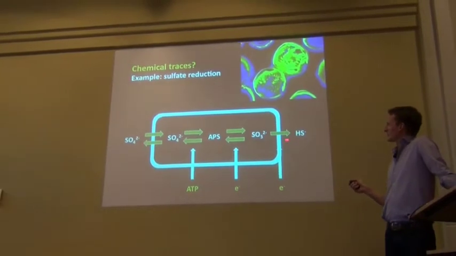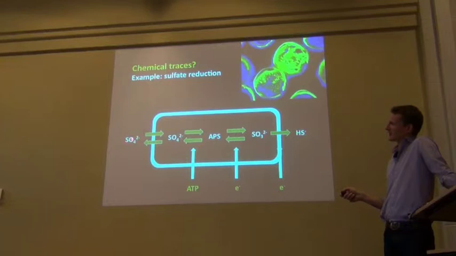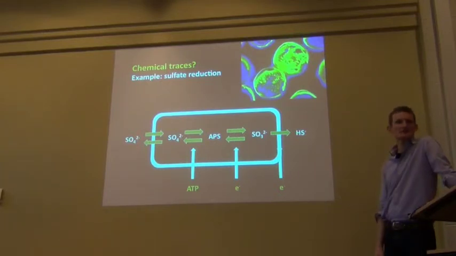So in the process, what this bacteria is doing is breaking the sulfur away from the oxygen. Both sulfur and oxygen have different isotopes, and I'll say a bit more about isotopes in a minute. Some of the isotopes are lighter than the others. They have different masses, they have different weights.